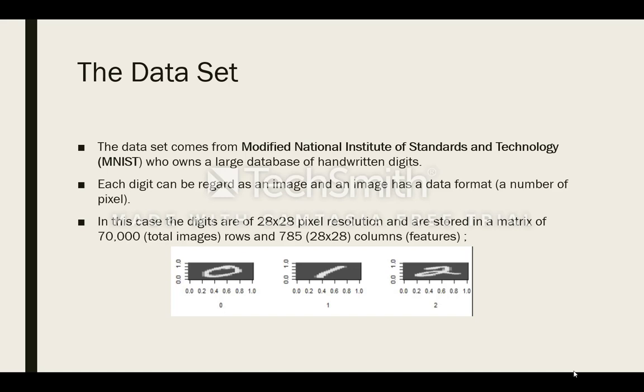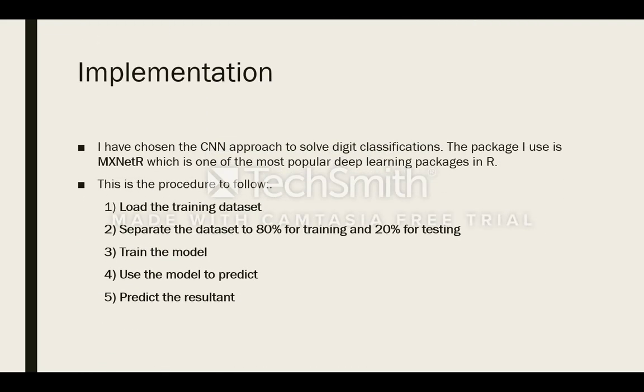The database has 70,000 images, where each image has 785 columns. And this is the input for our model.